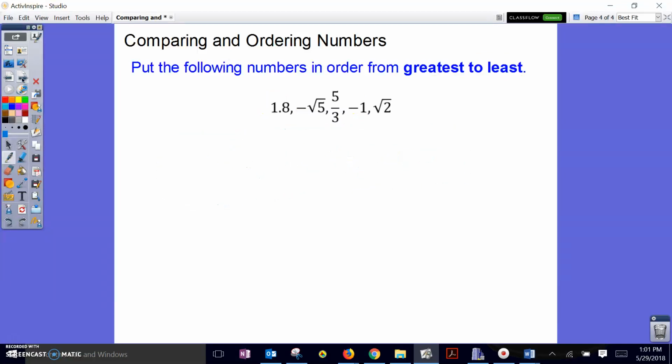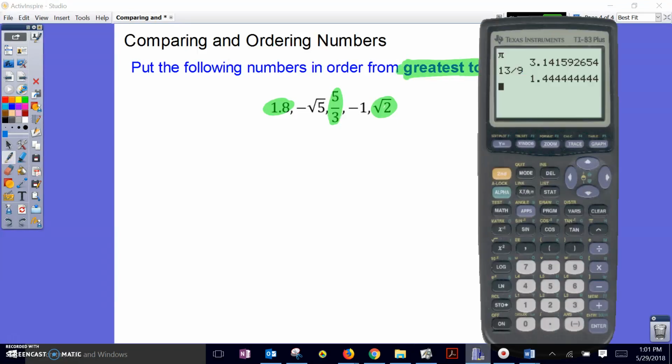One more example. In this problem, we're going to put the following numbers in order from greatest to least. Notice it says greatest to least. So we want the bigger numbers to come first. So when I focus on this list, I'm going to start by looking at the positive numbers first, because I know the positive numbers have to be bigger than all the negative numbers. So we've got 1.8.